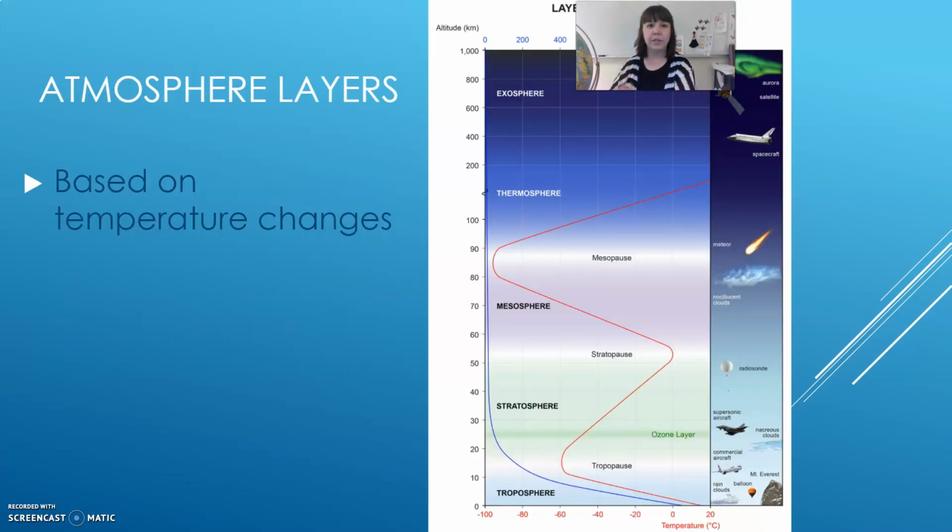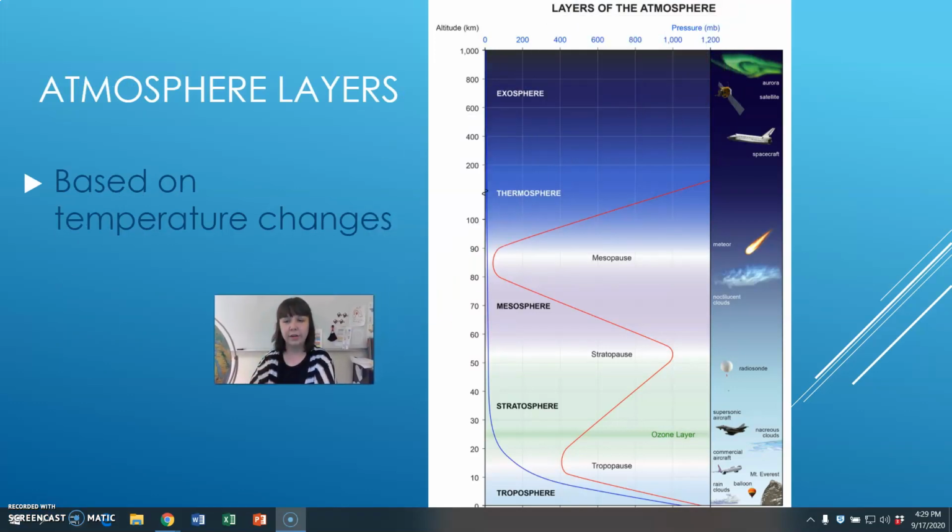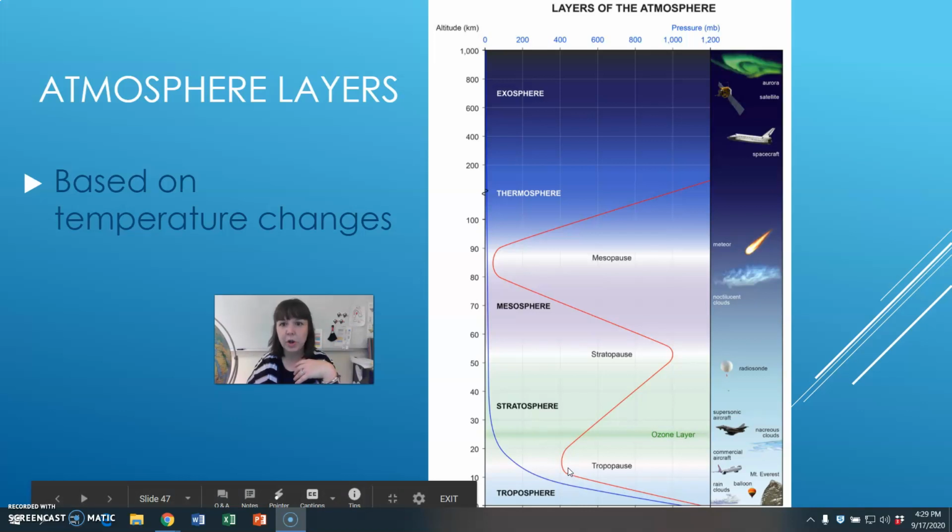So here are our layers of the atmosphere, and I do want you to pause and draw your layers. The main thing I want you to notice is that these layers are different. The main thing that separates the layers is the temperature change. So in the troposphere, our lowest layer, as you go up in elevation, the temperature drops, okay? Temperature and pressure drop.